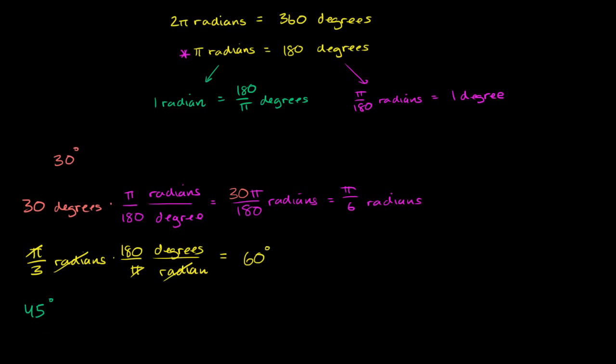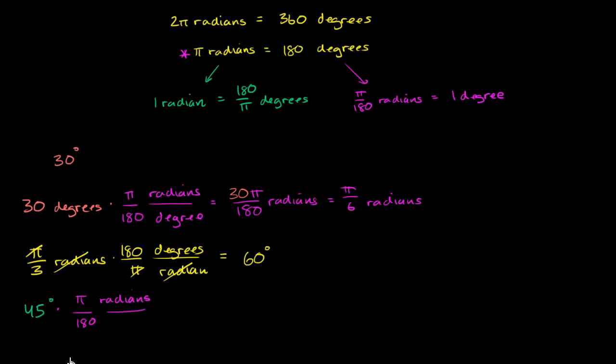So we're going to multiply this times, well, we know we have pi radians for every 180 degrees. And here, this might be a little less intuitive, the degrees cancel out, and that's why I usually like to write out the word, and you're left with 45 pi over 180 radians.